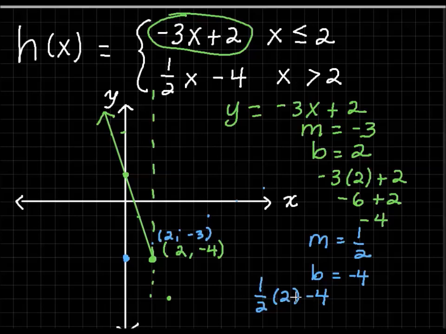Well, 1/2 times 2 is 1. 1 minus 4 equals negative 3. So this would be a valid point, except that this function rule only applies when x is more than 2. It does not apply to 2. So I need to put an open circle on that one. I will do a little open circle there.